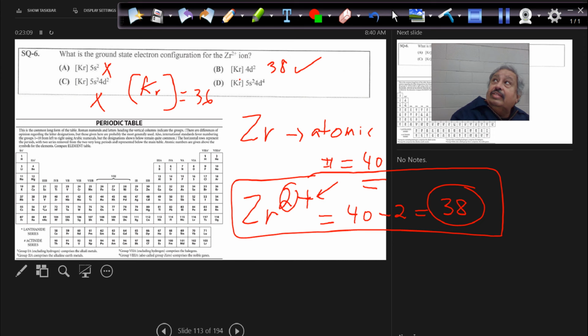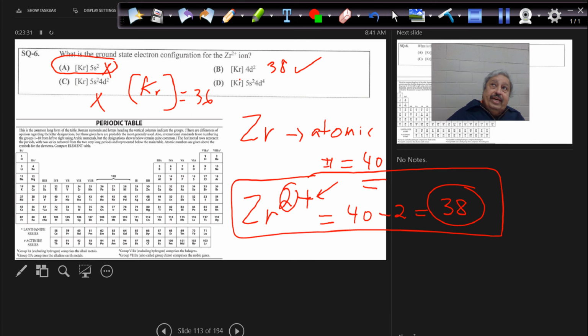Is it correct? Where's zirconium? The 5s is missing because it has to have a d orbital. 5s, that's for the group A's.